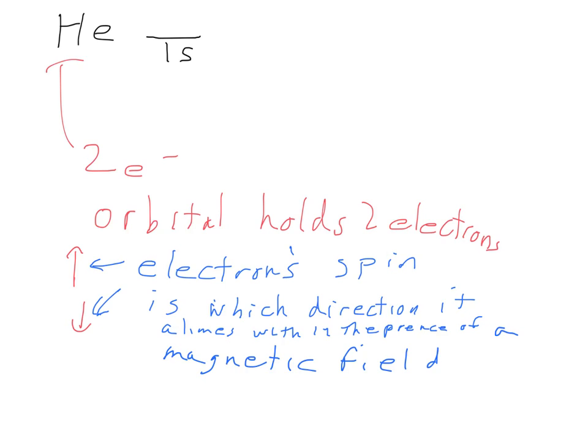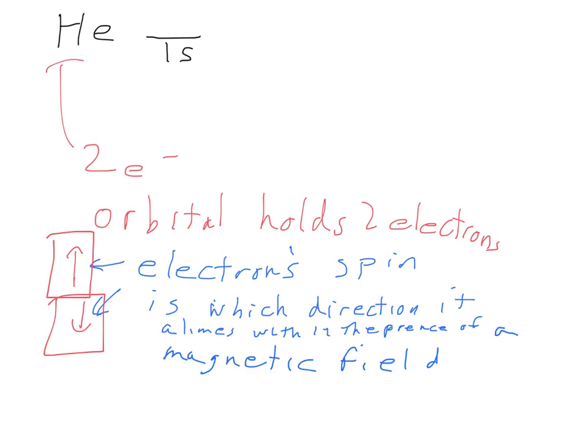And there's only 2 ways an electron can align itself with or rotate with in the presence of a magnetic field. It can either rotate clockwise or it can rotate counterclockwise. So we have 2 spins to represent. One rotates up, one rotates down.